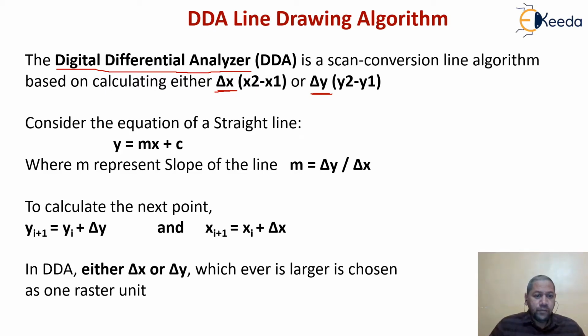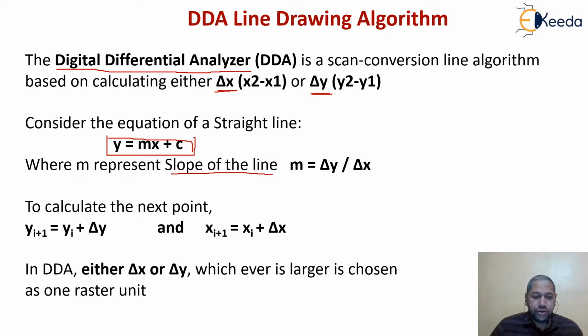This DDA line algorithm is based on the equation of the straight line, and we know the equation of the straight line is y equals mx plus c. Here m indicates the slope of the line.